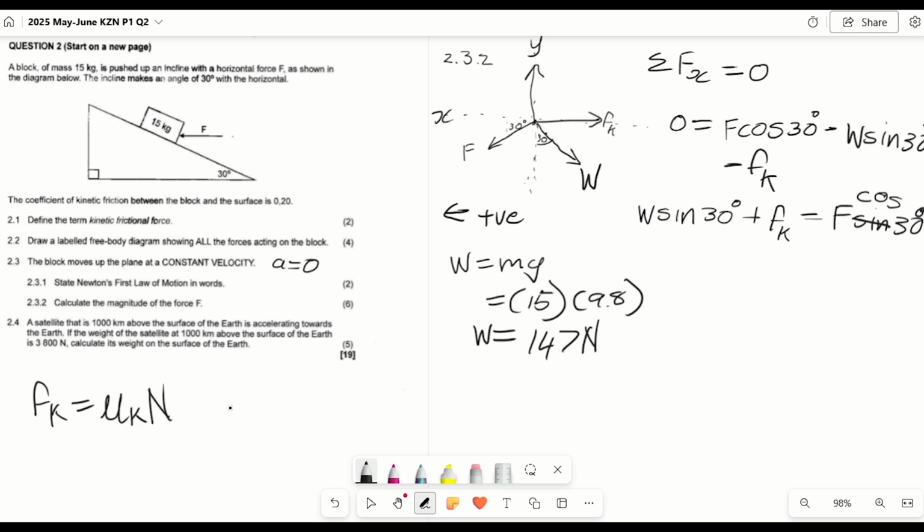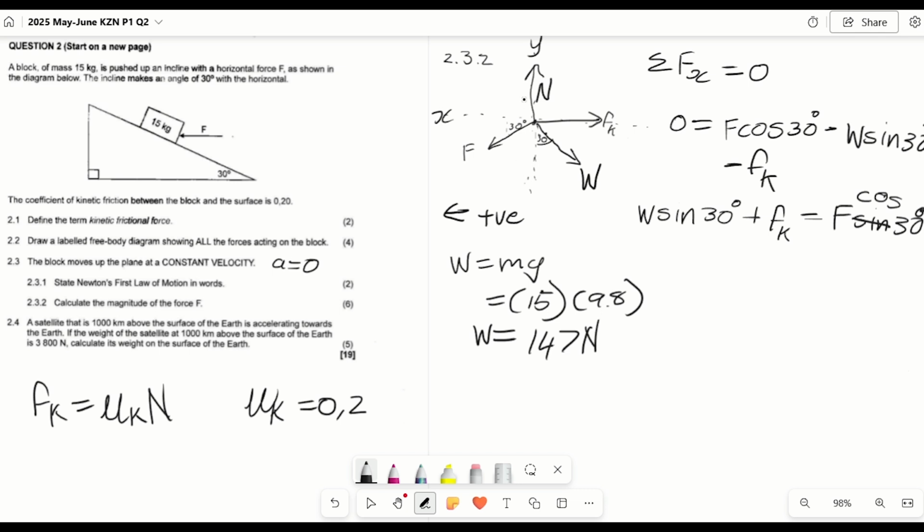So now we have new variables, which is mu k. The constant has been given to us, coefficient of kinetic friction as 0.2, and n is this component.